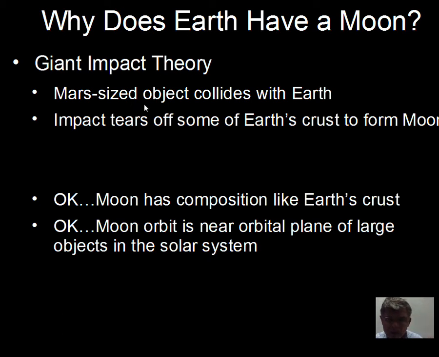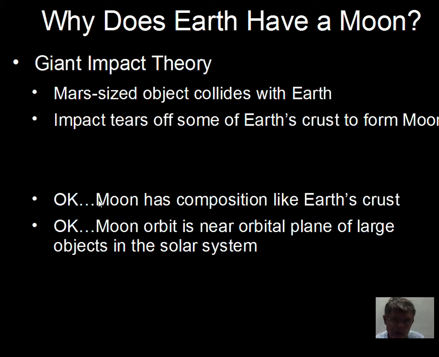The impact then is not head-on. It doesn't split the Earth in two. Instead, it gouges off some crust of the Earth, and that crust material moves out, and gravity then helps that crust material to recombine and form the Moon.